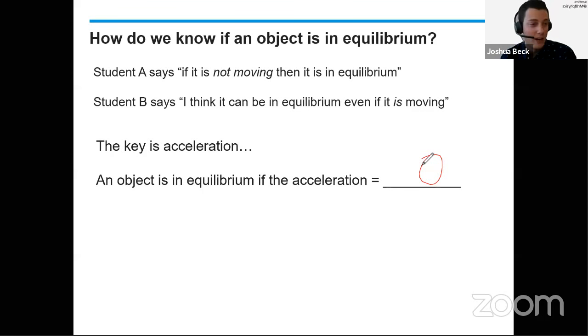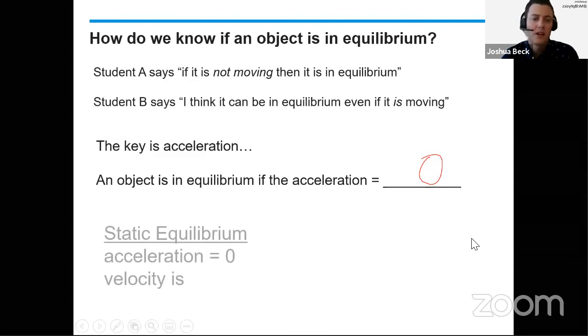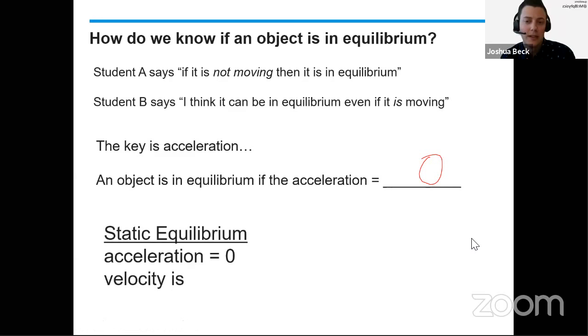Now, yesterday, Greg talked about rotational motion. He talked about angular velocity and angular acceleration. So we're going to be focusing today on our angular accelerations, but they follow the same rules as our linear accelerations. See, student A was really talking about what we call static equilibrium. Static equilibrium means that the object is just stationary. So if it's in static equilibrium, we'd say the velocity is 0.